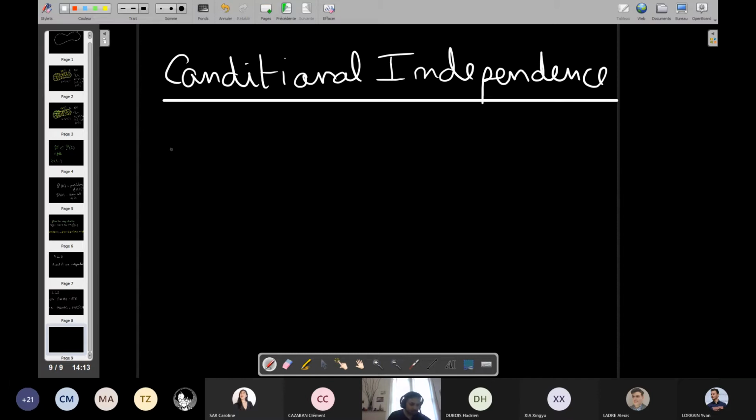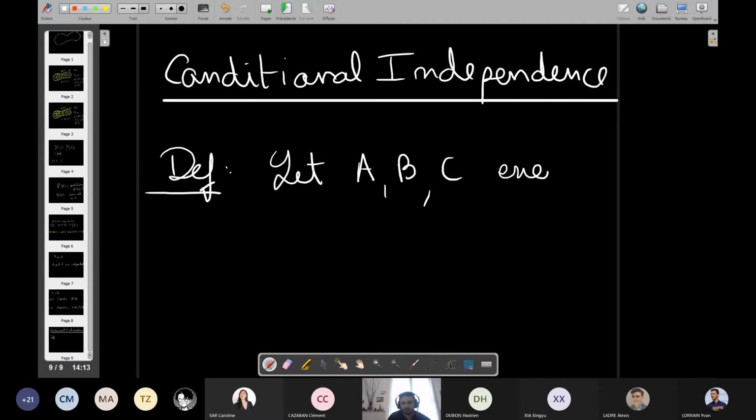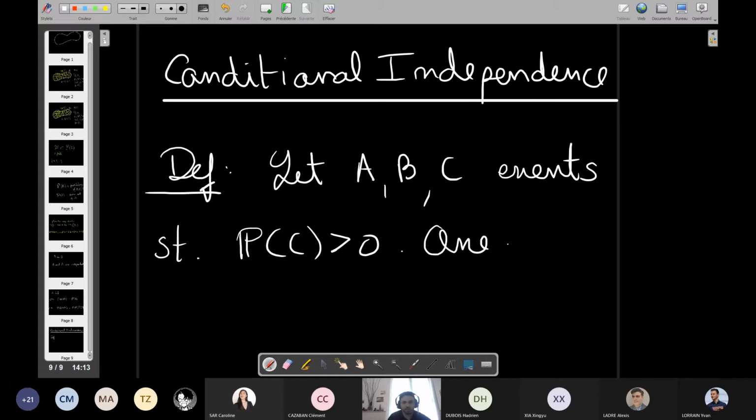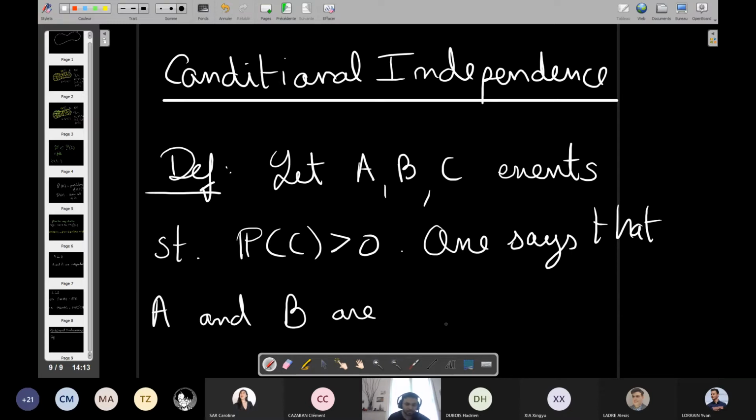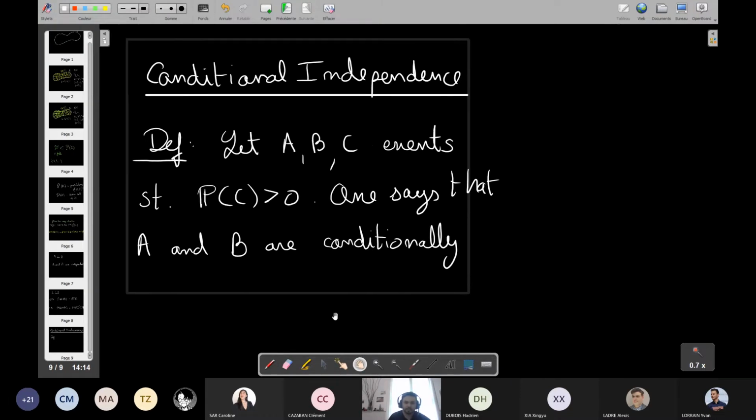The conditional independence. So there's a definition. Let A, B, C be events such that the probability of C is positive.